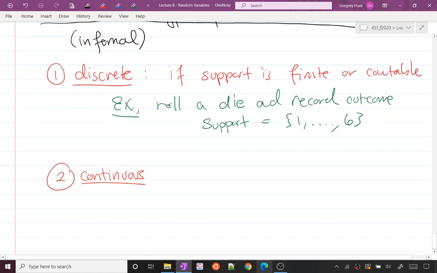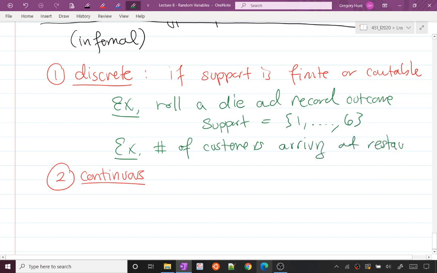Those are my possibilities. Another example might be the number of customers arriving at a restaurant. In that case, the support is not finite, but you could say it's the natural numbers.